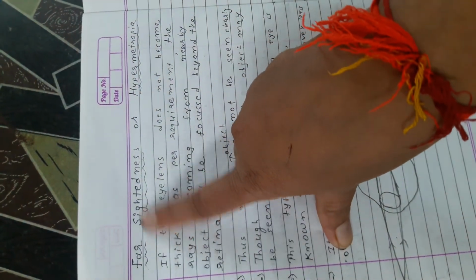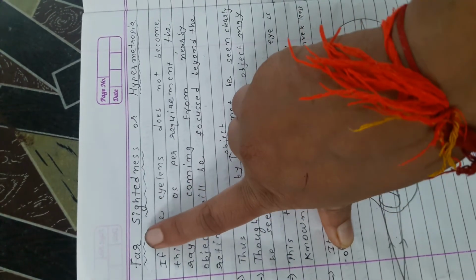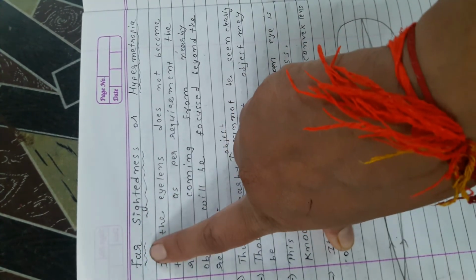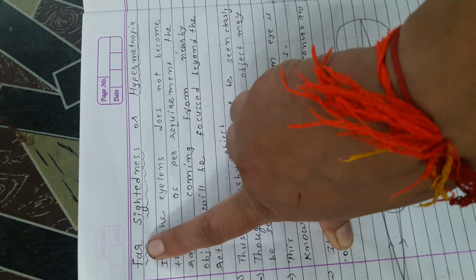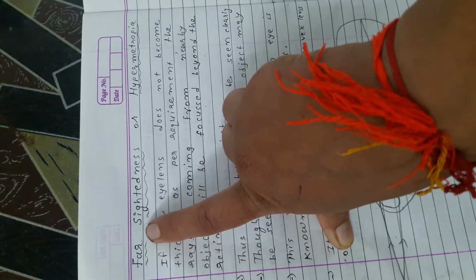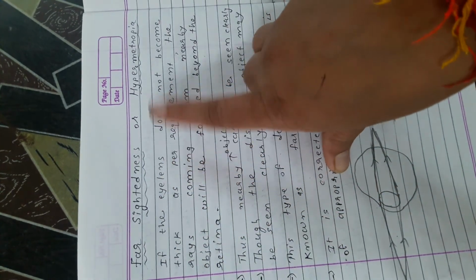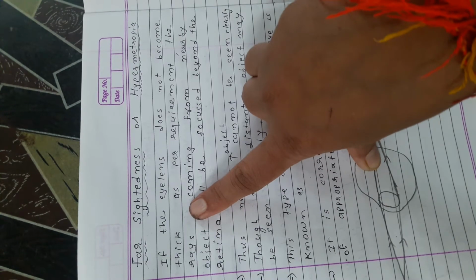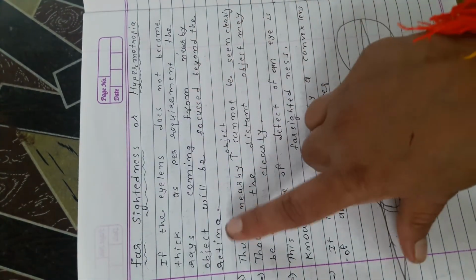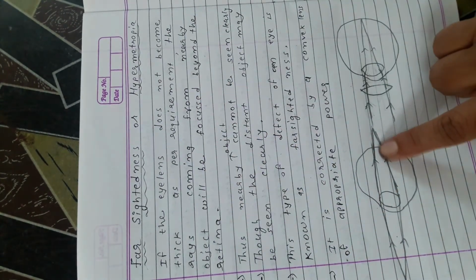Now our next topic, farsightedness. If a person has the farsightedness defect, the person can see the far object clearly but cannot see the nearby object. That is, if the eye lens does not become thick as per requirement, the rays coming from nearby object will be focused beyond the retina.